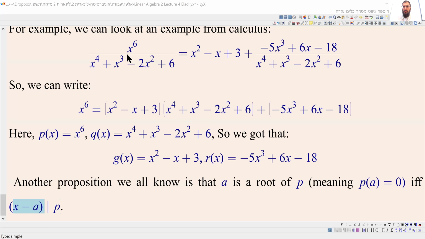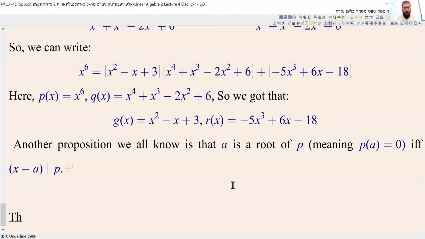I want to use it and the theorem about the remainder in order to prove, as I mentioned, some claims, some statements about the multiplicities of an eigenvalue, as we saw before the break. So I want to write it down that way.